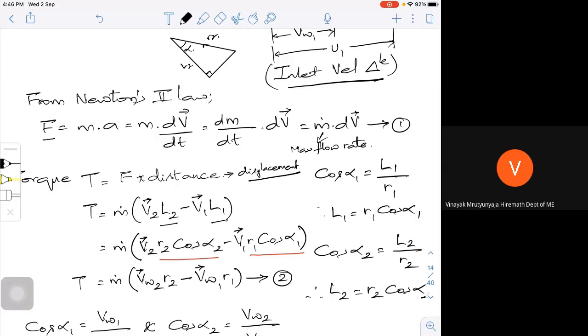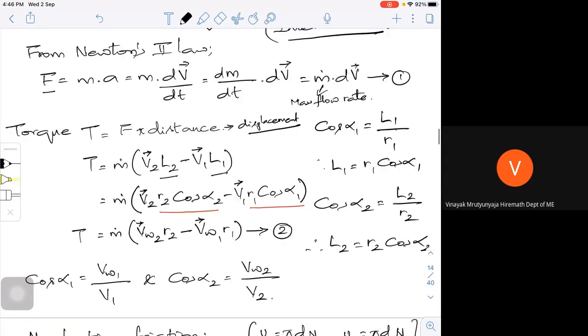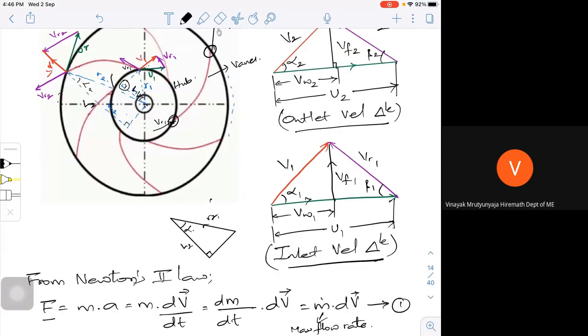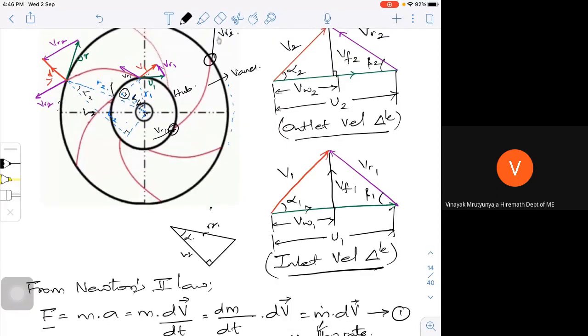Okay. Now, what is your cos alpha 1? If I try to take this triangle, the same thing I am trying to show here, fine. So what is cos alpha 1? Cos alpha 1 is equal to your VW1 divided by V1. Fine.